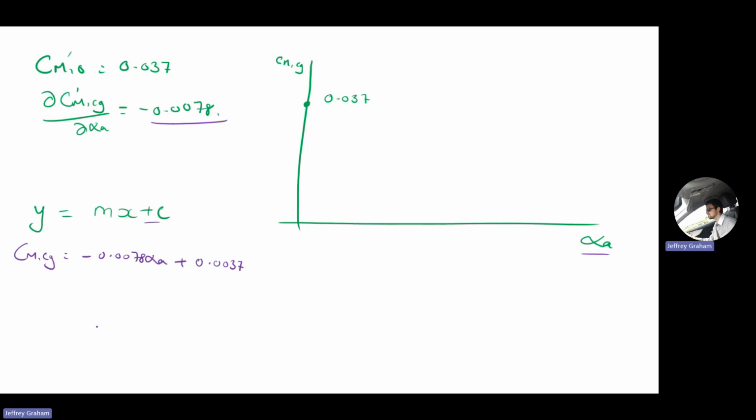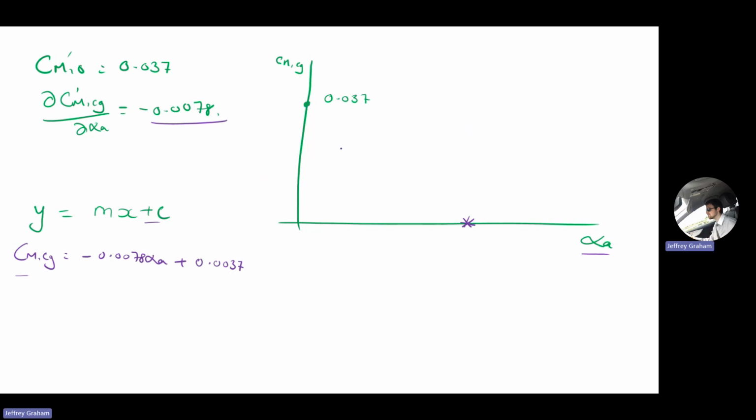Right. If we want to trim our aircraft out, we can find a particular point of intercept. What that will be for stick free. Right. And that occurs when the pitching moment, if you're going for this point here, this is just a generic point for now.